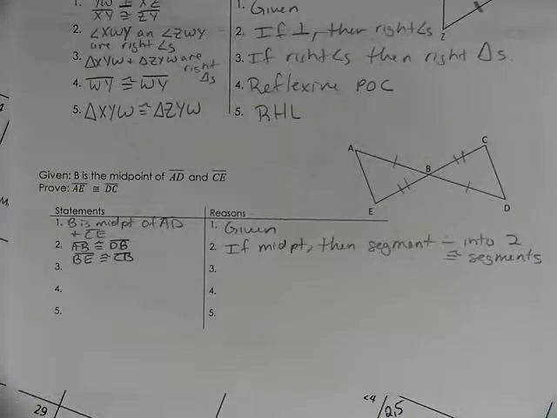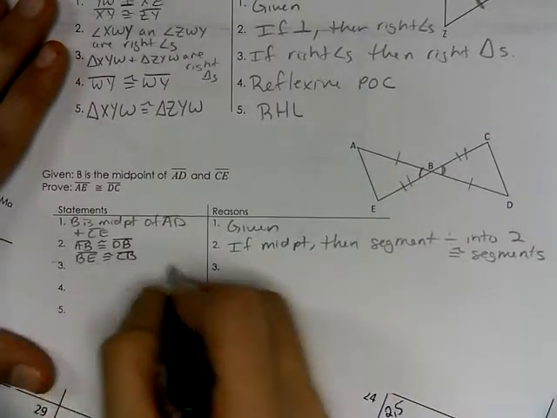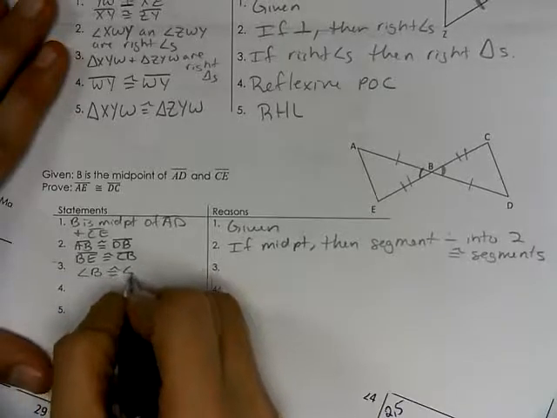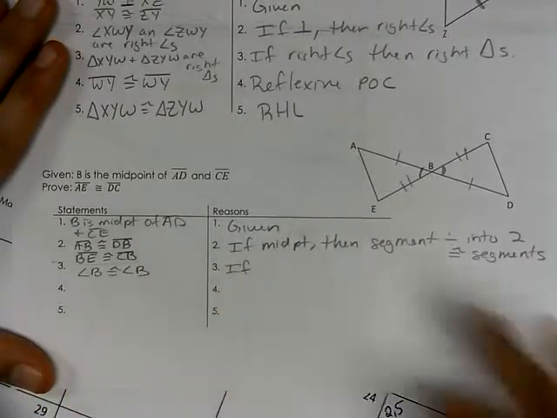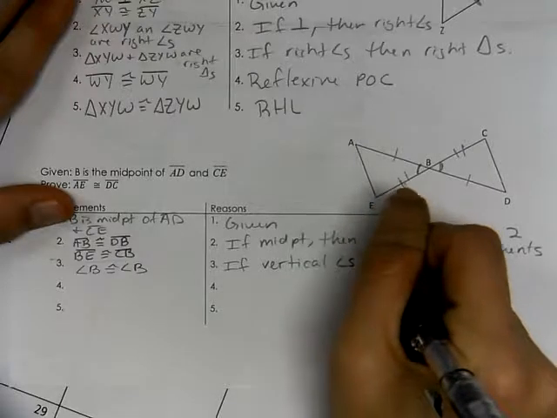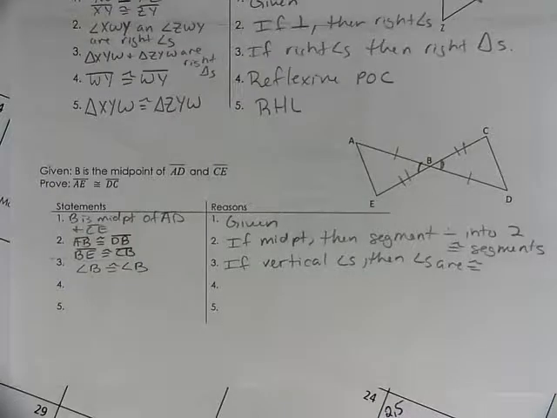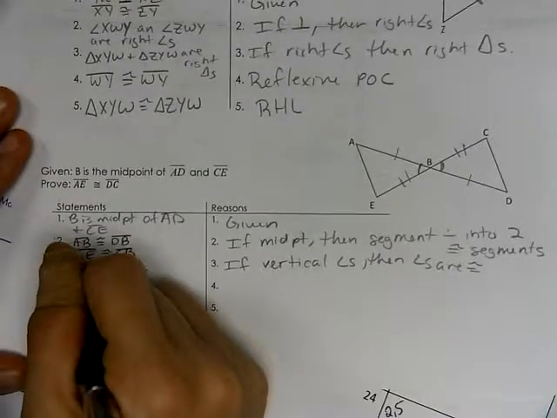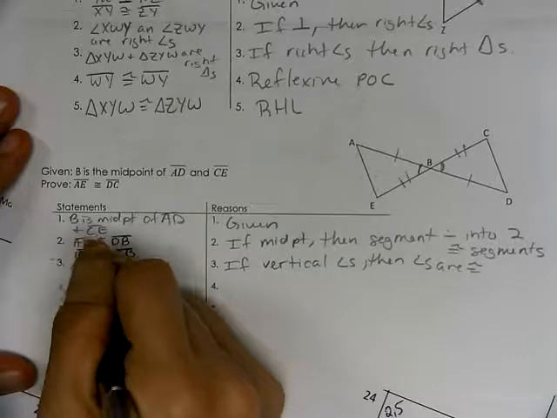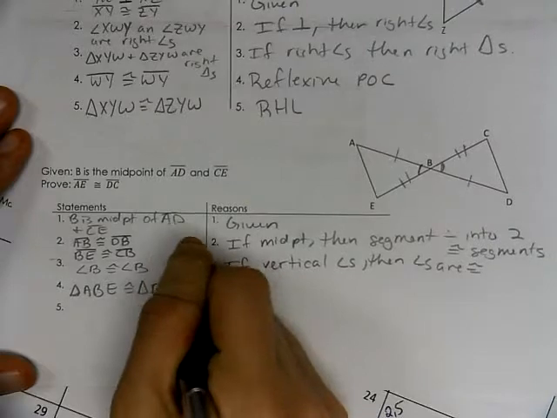Now, what's the only thing I have left in this picture? I've got another pair of vertical angles, angle B. So angle B is congruent to angle B. If vertical angles, then angles are congruent. Now the two triangles are congruent. Triangle ABE is congruent to triangle DBC.